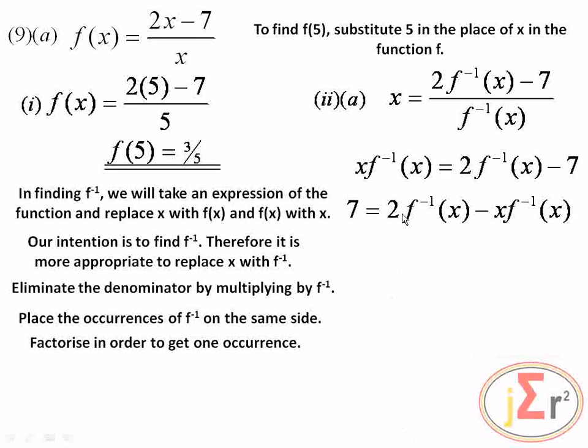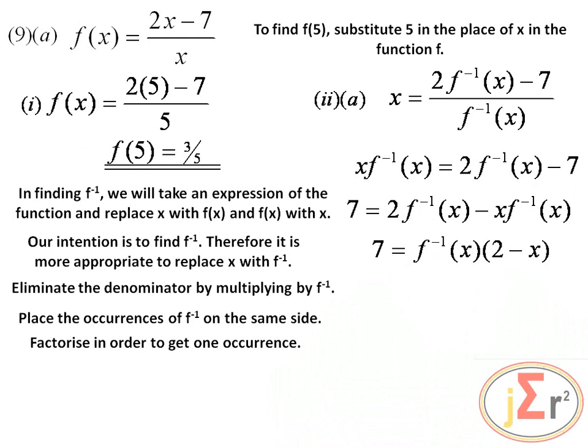Now that we have two occurrences of f inverse x, to make f inverse of x the subject of the formula, we need only one occurrence. We will achieve one occurrence by factorization, taking a common factor of f inverse x. So 7 is equal to f inverse x times the other factor, which is 2 minus x.